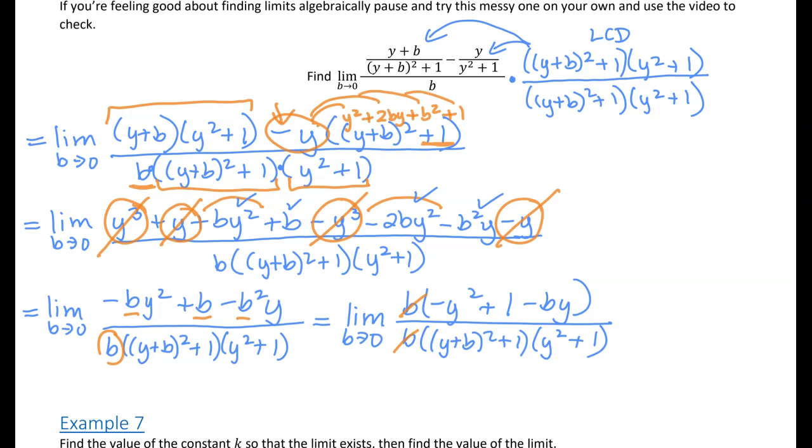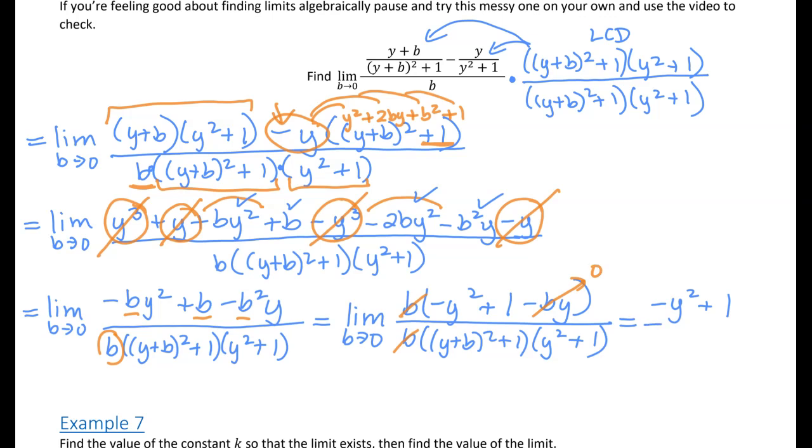Once that b is gone, you can finally evaluate the limit, because with that b not there, plugging in 0 will make some things 0, but it's not the entire denominator, and that's what was a problem. So I will not write the limit anymore because it's happening. I'm left with a negative y squared plus 1 on the top. When b becomes 0, this is 0 times y, which is 0.